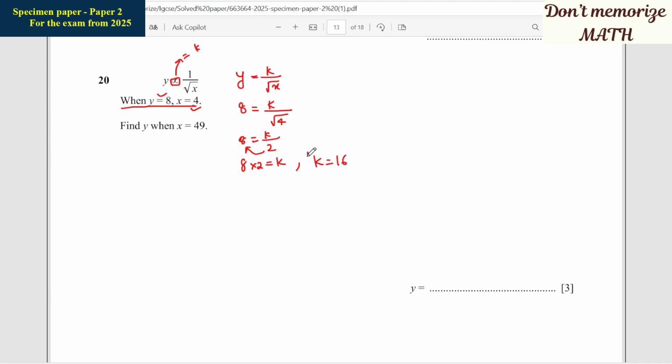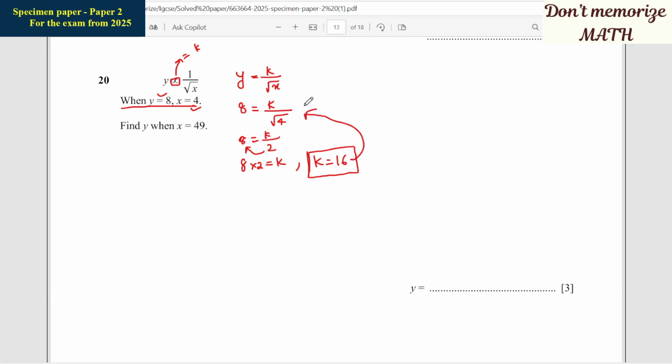Okay, this k is called the constant of proportionality. Sometimes they will ask this one specifically, like find the constant of proportionality, so here we will get k is equal to 16.